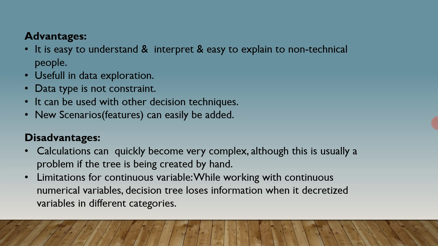Next, disadvantages. The first disadvantage is calculations can quickly become very complex, although this is usually a problem if the tree is being created by hand. If we create a tree by hand, the calculations can become very complex.